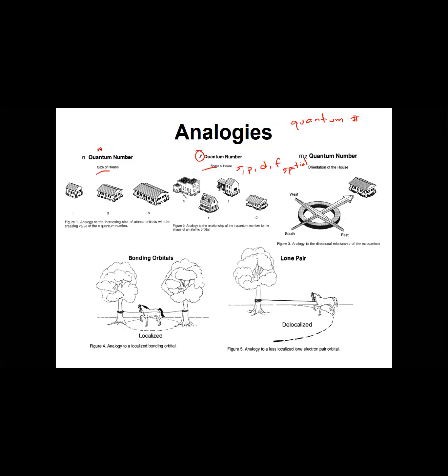Usually n is equal to 1 to infinity. l would be from 0 to n minus 1. And m sub l would be equal to negative l to positive l, including 0.